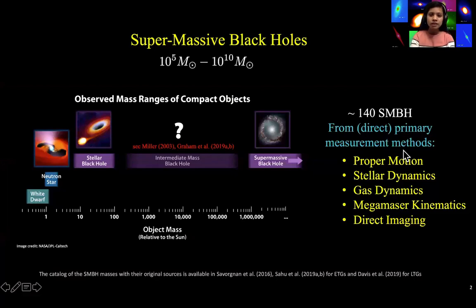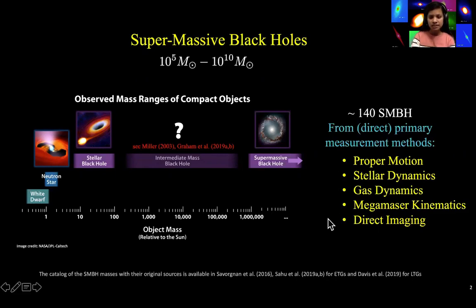So, starting with black holes, various observations suggest that these black holes exist in a continuum of mass, starting from stellar mass black holes to supermassive black holes. However, for intermediate mass black holes, there are no concrete direct measurements yet. So our scaling relations are based on the largest sample of these supermassive black holes, whose masses are directly measured using these primary methods.